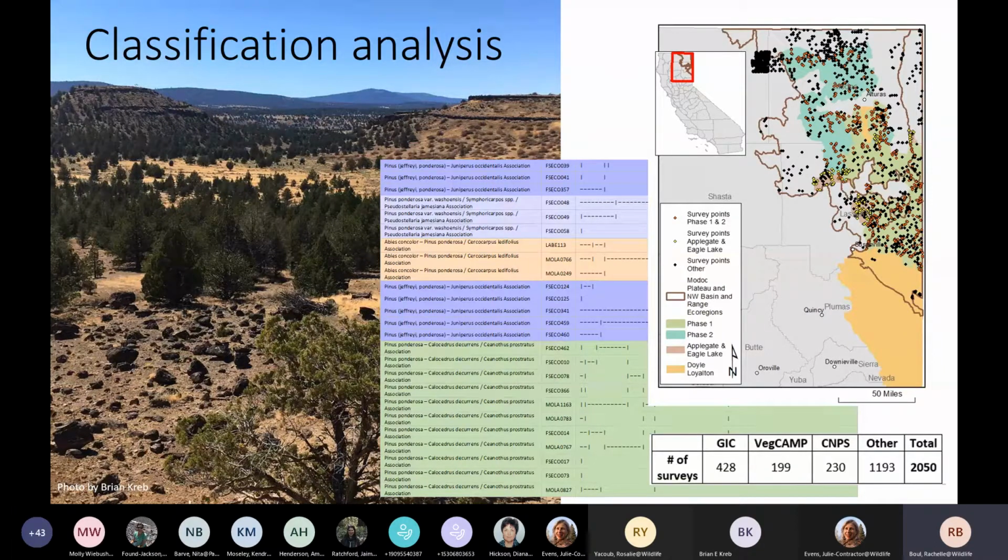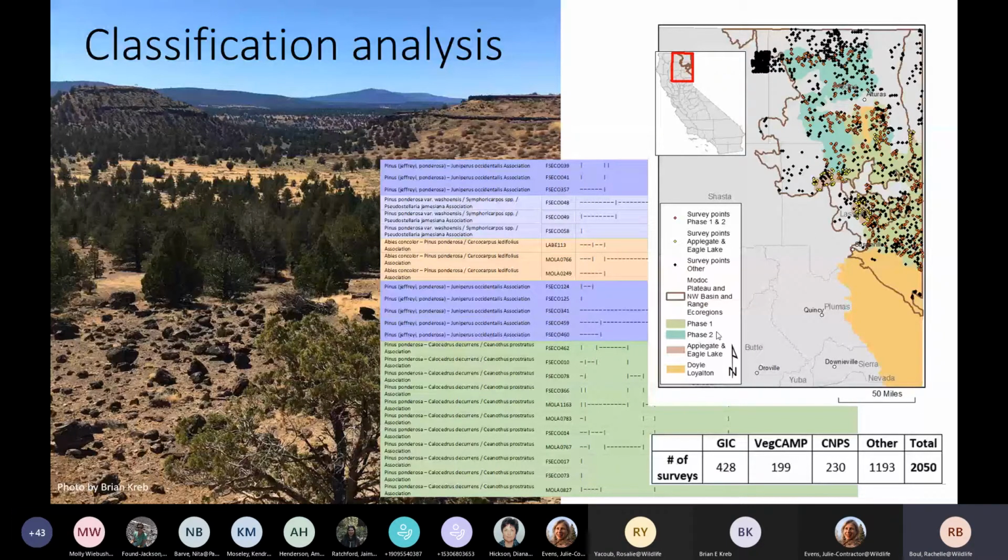So this colorful spreadsheet in the middle that I don't want you to read is showing an example of conifer types. Each line is a survey that is grouped together, and each color ended up being a different community type. And the fact that these communities are grouping near each other also indicates that they're related to each other.